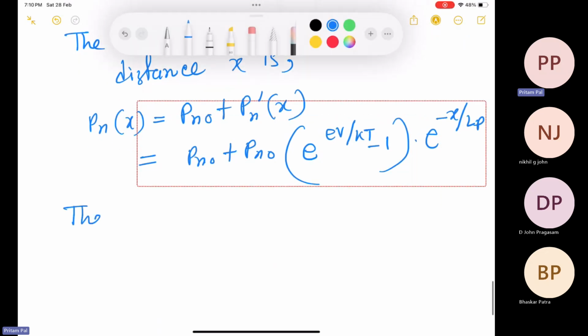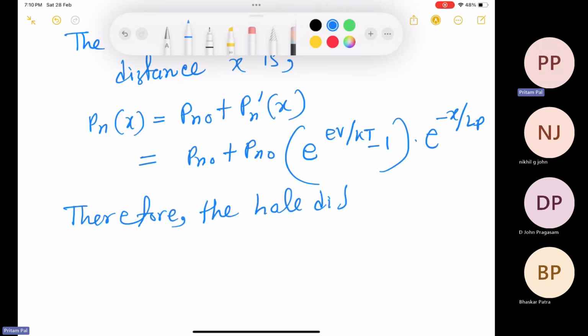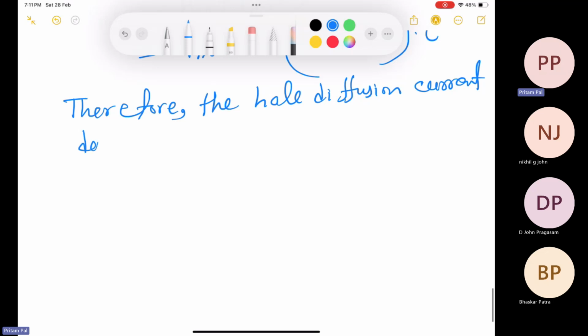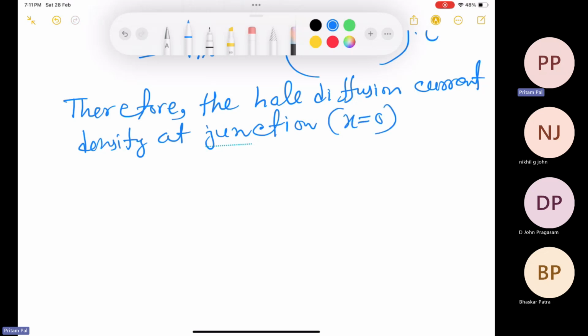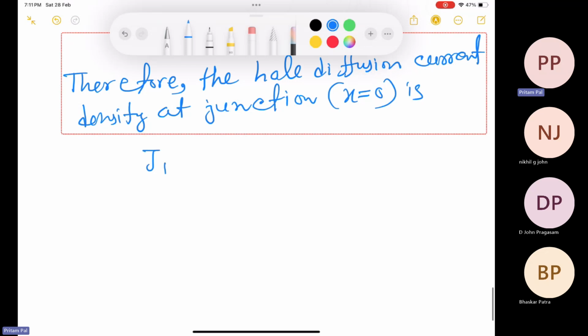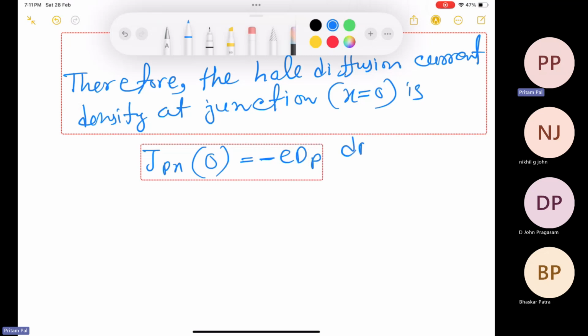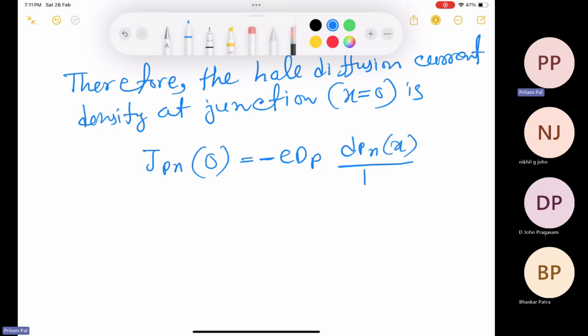Now, therefore, the hole diffusion current density at the junction, which is basically sitting at x equals 0.